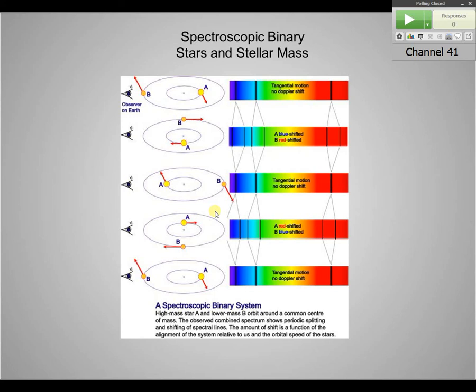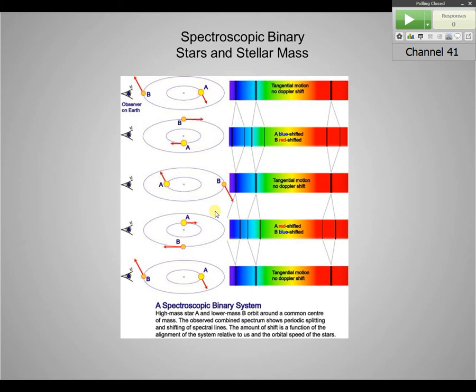So let's say you can't really tell that there are two stars here, okay? But you can, with your telescope, measure the spectrum of what you think is basically one star. So here's the spectrum that you get. Well, in actuality, there are two stars here, and as they are moving around the center of mass, there will be a period of time in their orbit where one of them might be moving towards you and the other one moving away from you.